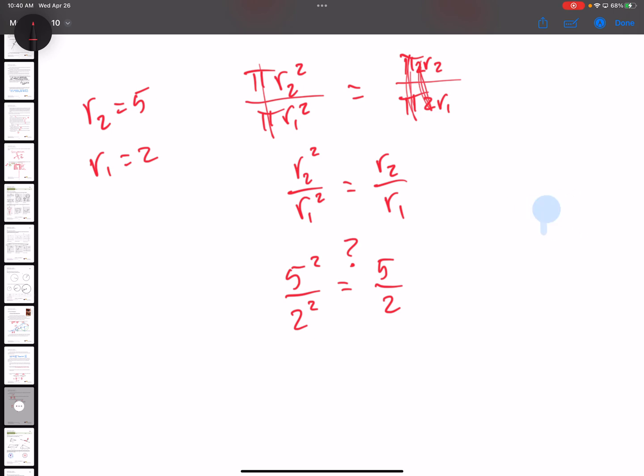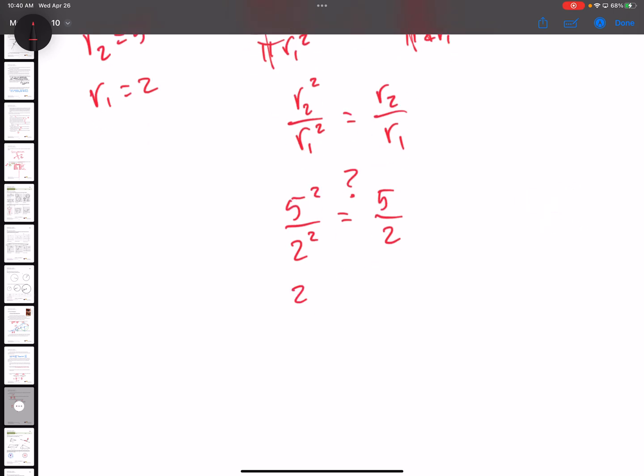What is 5 squared? 25. What is 2 squared? 4. Is that equal to 5 over 2? Obviously it's not equal. If you were to divide 25 by 4, you would get 6.25. If you were to divide 5 by 2, you would get 2.5.